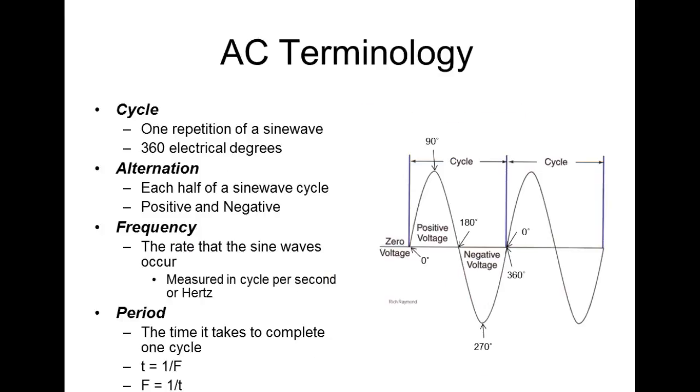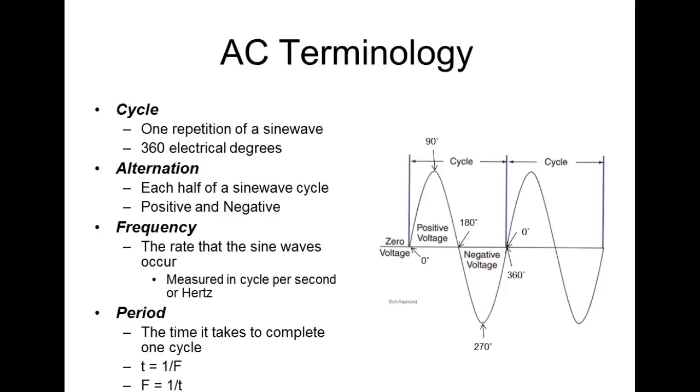Now, some things we need to understand, first of all, is what we call a cycle. This thing moves in cycles, and a cycle is a repetition, right? You have seasons in a cycle. Our time is in cycles. We have 24 hours in the day. Once we hit the 24 hours, we start a new cycle. So one cycle is the repetition of a sine wave.